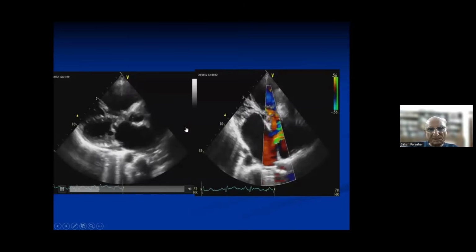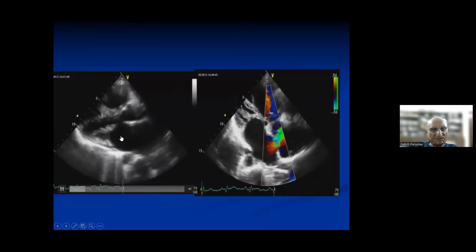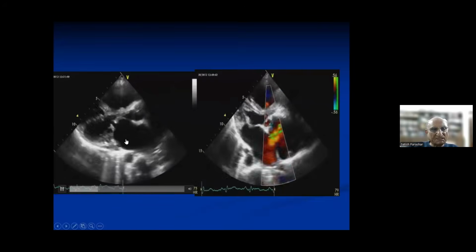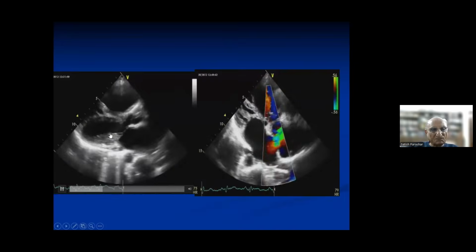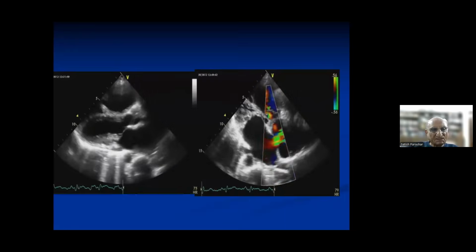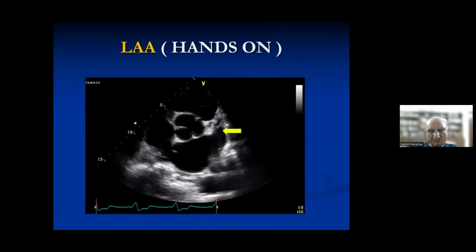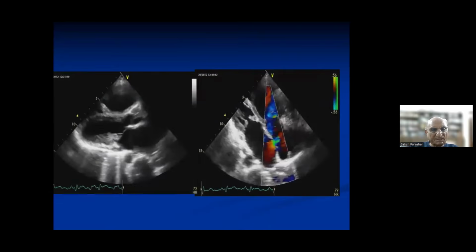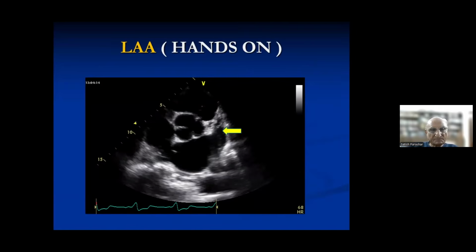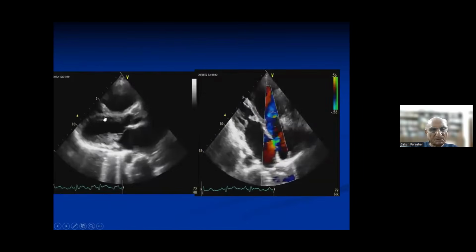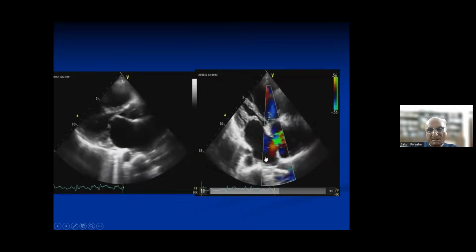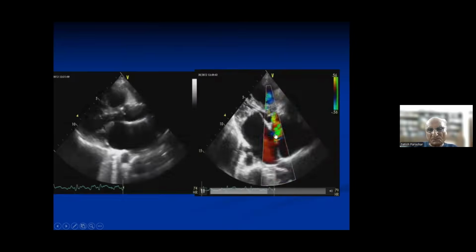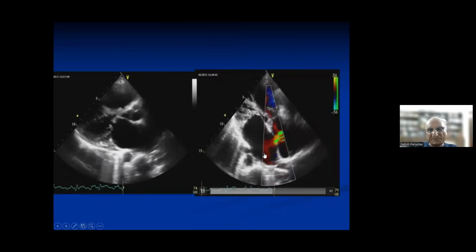Now, as you know, I keep my LV on the left side. So you see that the patient has got mitral stenosis. How? You see a doming of the anterior mitral leaflet, and a paradoxical motion of the posterior leaflet going toward this. And you see this is the LA, this is the RA, and there is a flow from LA to RA through an atrial septal defect.